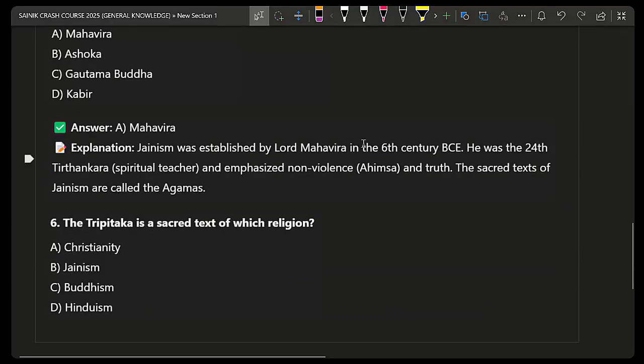The Tripitaka is a sacred text of which religion? Christianity, Jainism, Buddhism, Hinduism. All of you can answer this question.